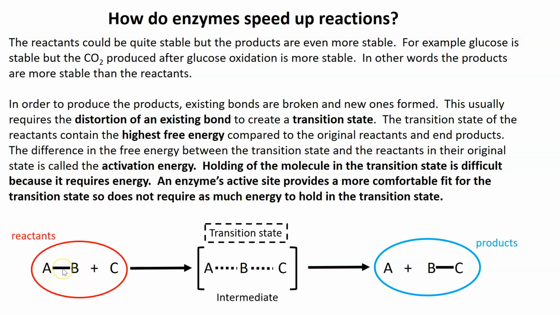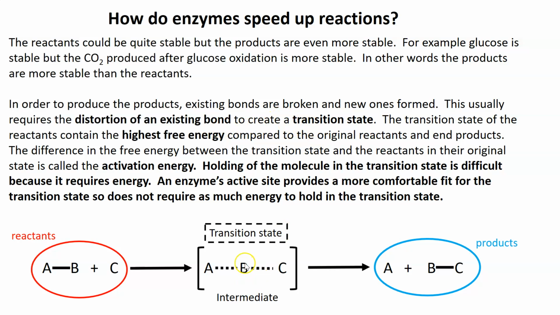It's analogous to this reaction here. You have to put energy into this bond in order to release the electrons, so we need to distort the bond. And in order to distort the bond, you need to put energy in.